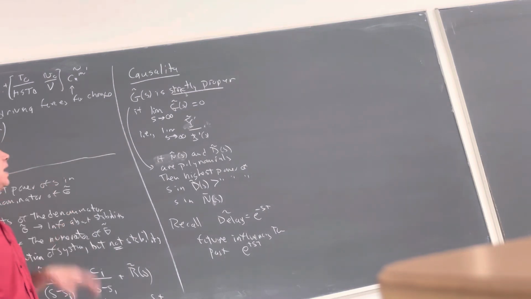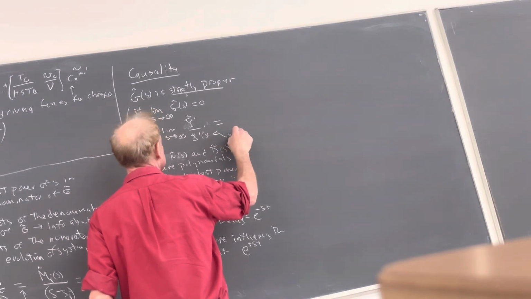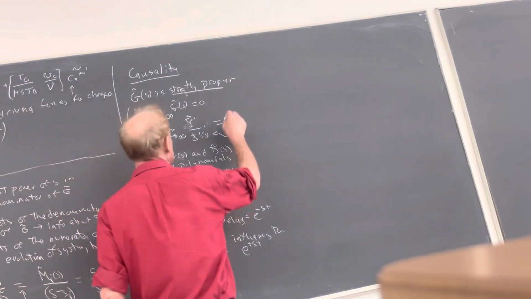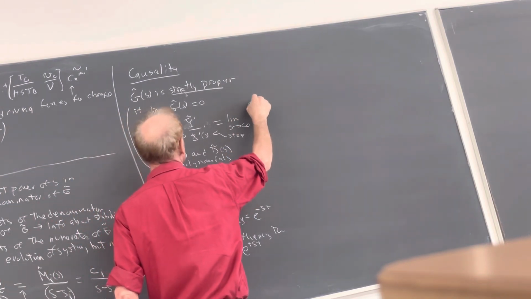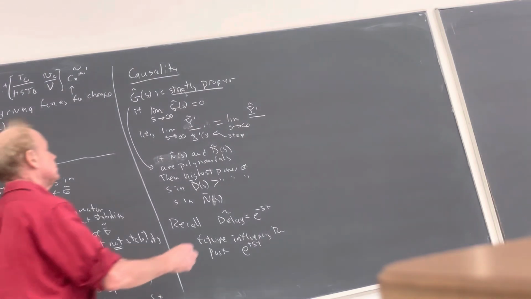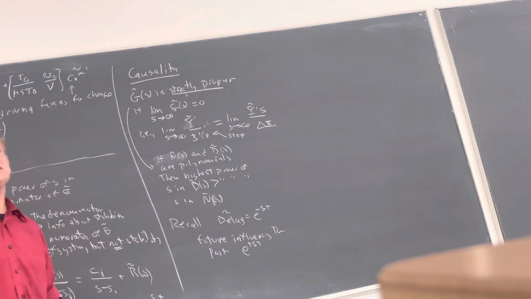Let's say, what if x prime is a step? If x prime is a step, then this is equal to the limit as s goes to infinity of y prime tilde divided by x prime tilde. Well, if x prime is a step, then x prime tilde is the change in x over s, times s, if it's a step.